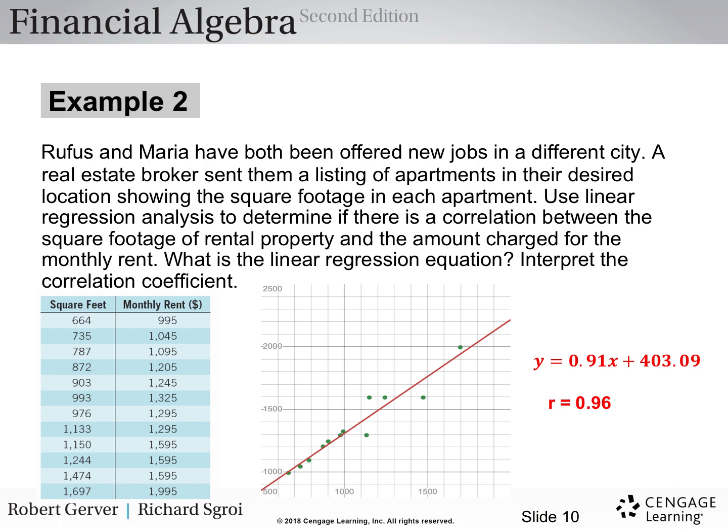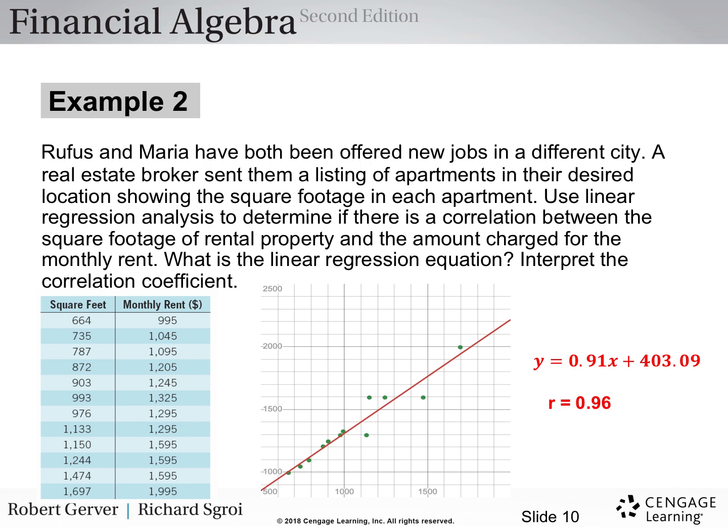Then, also using Desmos, I requested what would be a good linear regression of those dots. And I came up with this equation here of y = 0.91x + 403.09. And also I came up with a correlation coefficient of r = 0.96.